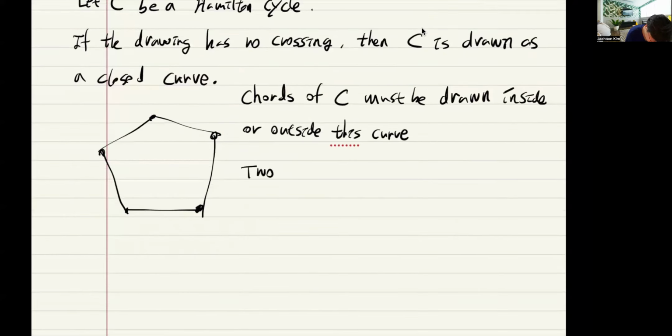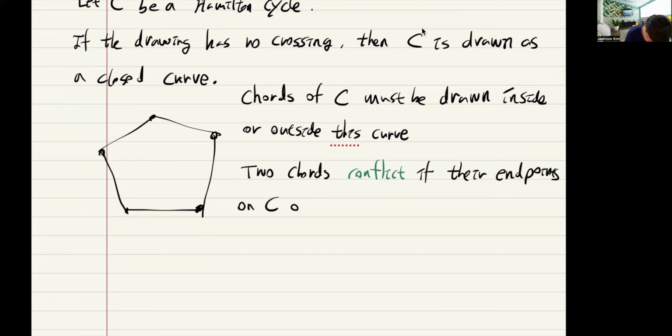And let's say that two chords conflict if their endpoints on this C occur in alternating order. So for example, this and this appear in alternating order. So we say that this chord, this edge, and this edge conflict.